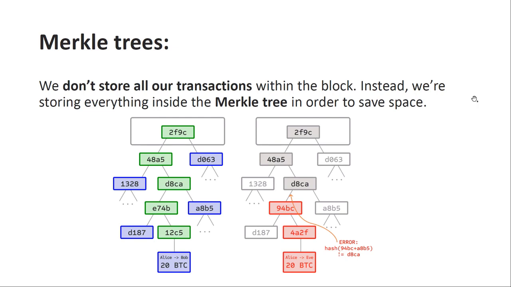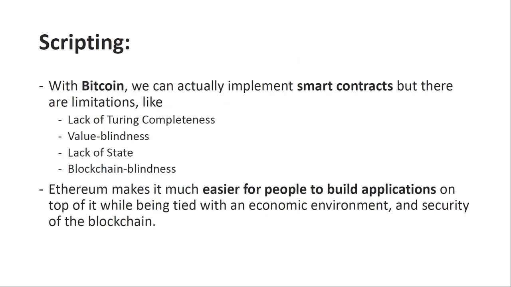So that's it. Next, scripting. In Bitcoin, we can actually implement smart contracts. This means that in order for a transaction to pass, it must be verified by the smart contract itself. We can do this using multisig, that is, multiple parties confirming for something to pass, or decentralized cross-cryptocurrency exchanges.